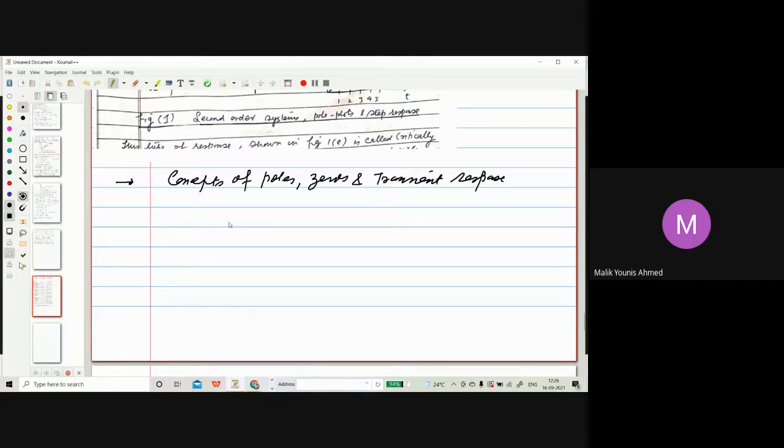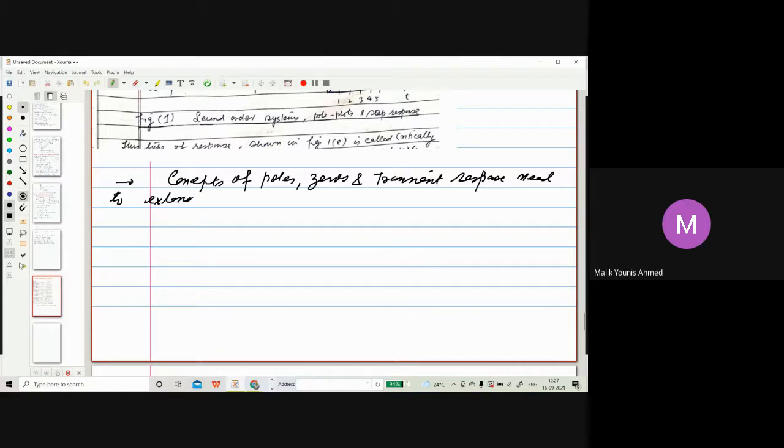The concepts of poles, zeros and transients need to be extended to the second order system.